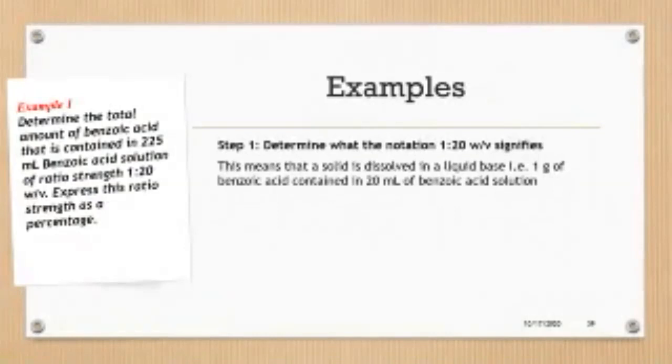It means that an amount of the solid is going to be dissolved in an amount of liquid. In this case, 1 gram of benzoic acid is going to be contained in 20 mils of benzoic acid solution. Remember, 1 in 20, 1 part in 20, 1 gram in 20 mils because of the weight in volume notation.